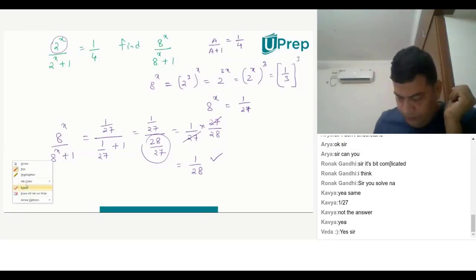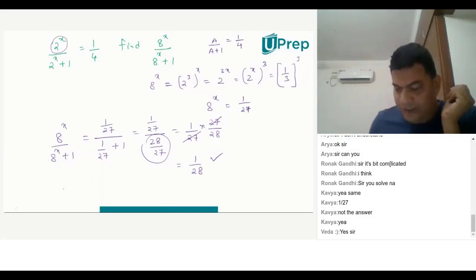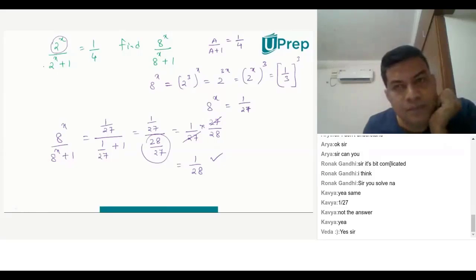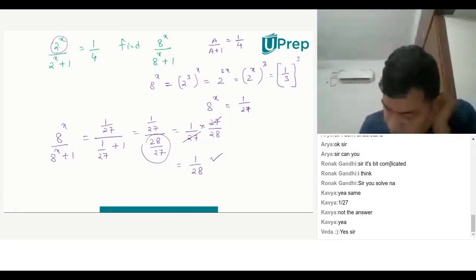Okay, sir, shall I begin? Yes. Okay, sir. So first, we know that 2 to the power of x by 1 plus 2 to the power of x is equal to 1 by 4.